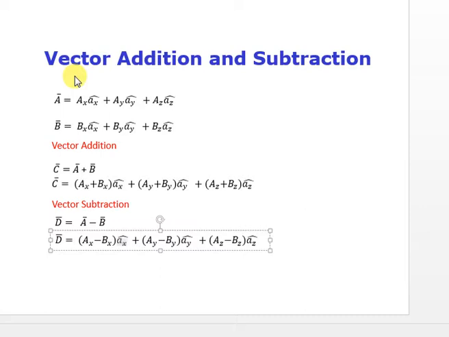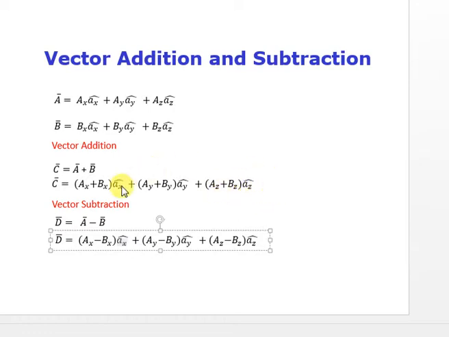After addition of the two vectors A and B, we get a third vector C, which is the resultant of the two vectors. Vector C equals vector A plus vector B, so C equals (Ax plus Bx) unit vector ax plus (Ay plus By) unit vector ay plus (Az plus Bz) unit vector az.